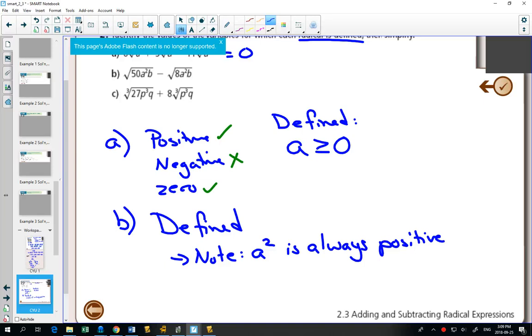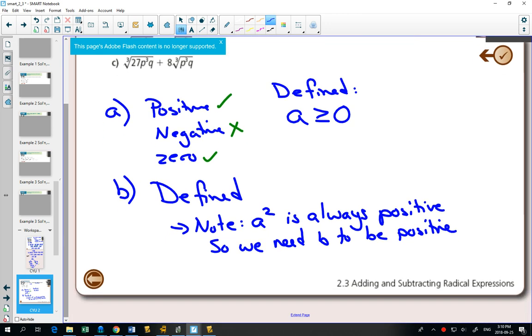What do we need b to be? We need b to be positive. So where is it defined? A can be anything. And b has to be bigger than or equal to 0.